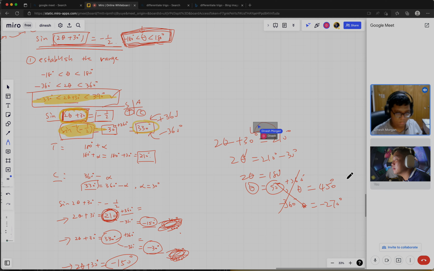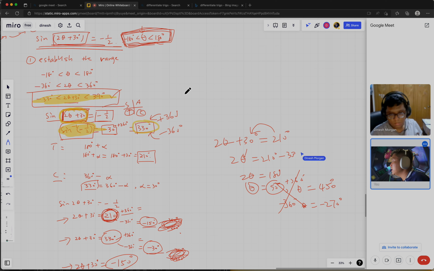We should always do things right, and start with the right approach. So the right approach is you can only add 360 or minus 360 to this answer, not when you go down to the theta level.